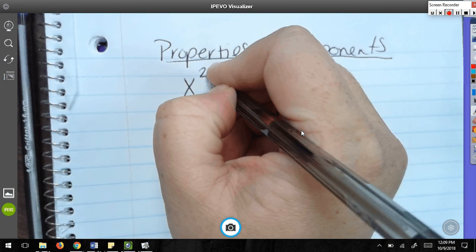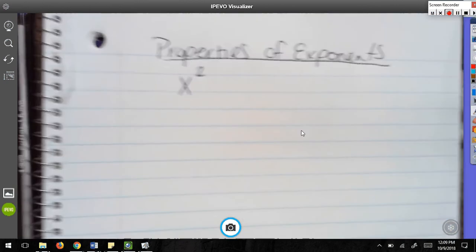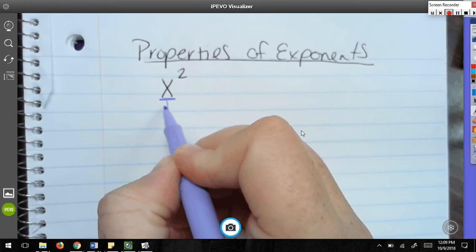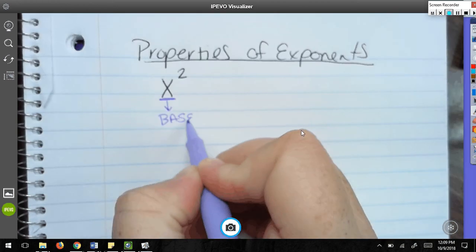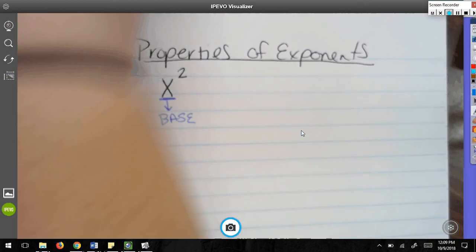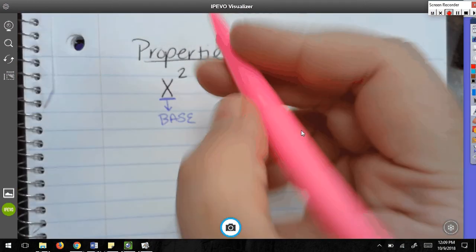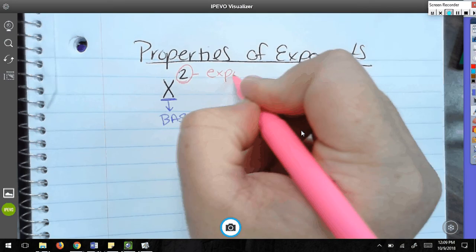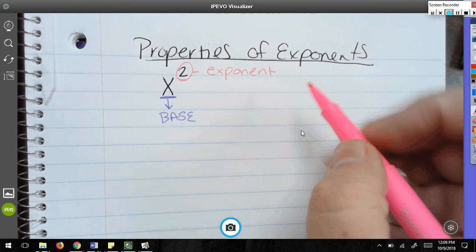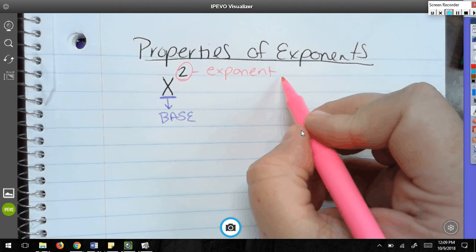If I have an expression that looks like this, the x here is called my base, and the number or the power is actually my exponent. Exponents do some pretty cool things, and if you remember, the exponent tells me how many times I multiply the base.